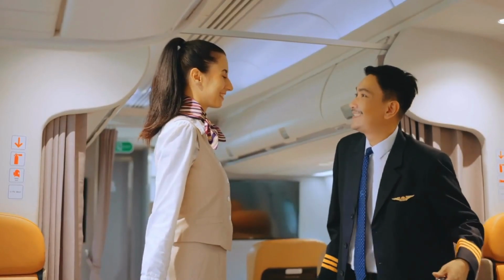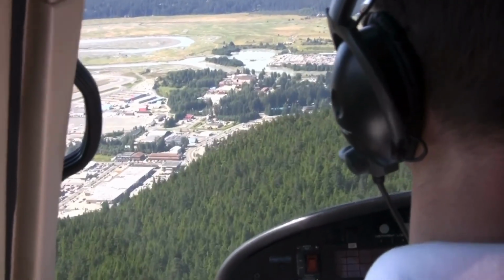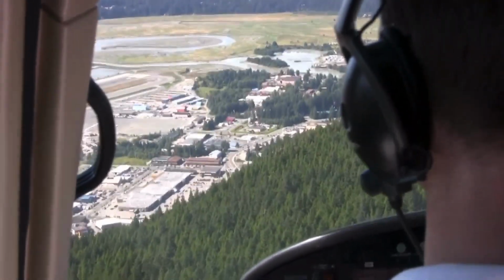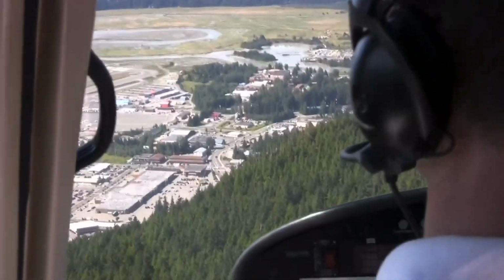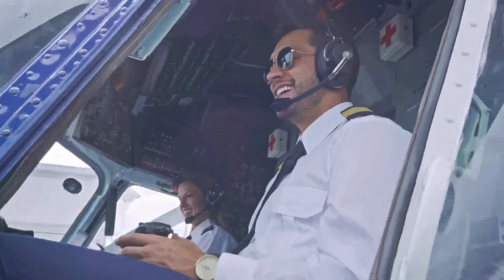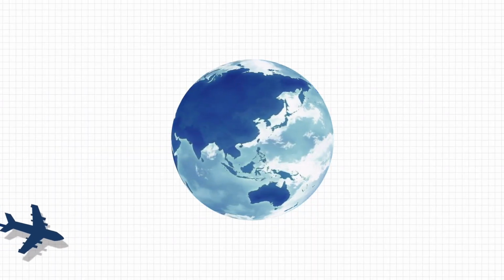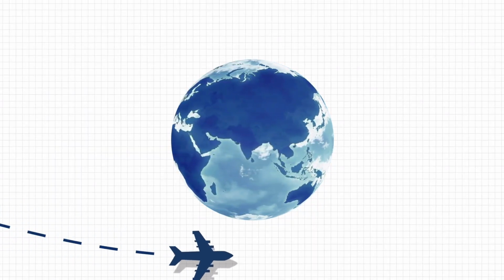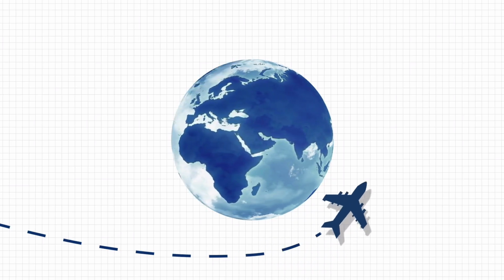Pilots are responsible for the safe and efficient transportation of the passengers, cargo, or both. They undergo extensive training to acquire the necessary knowledge and skills, including flight controls, instrument reading, navigation, as well as the emergency procedures.